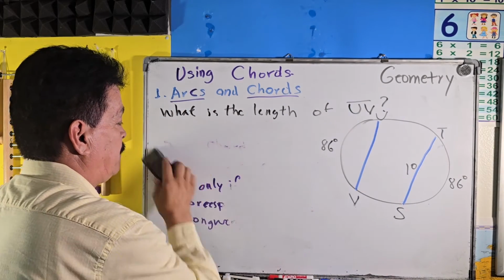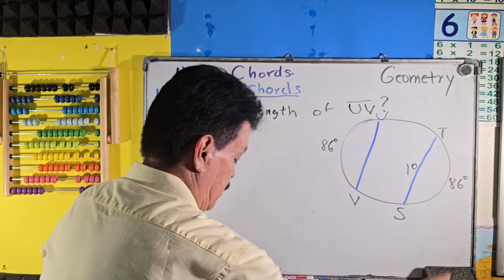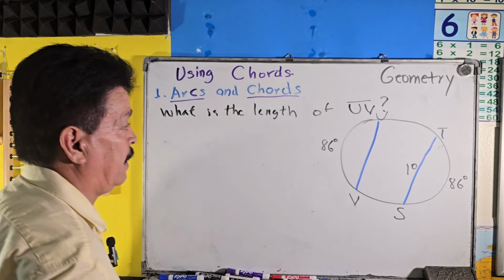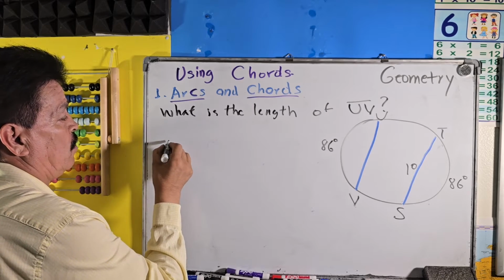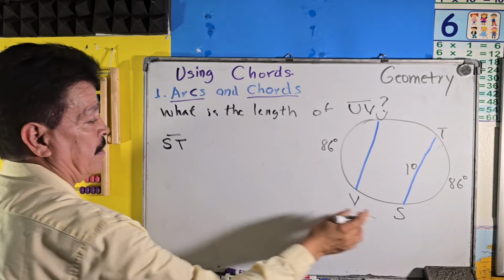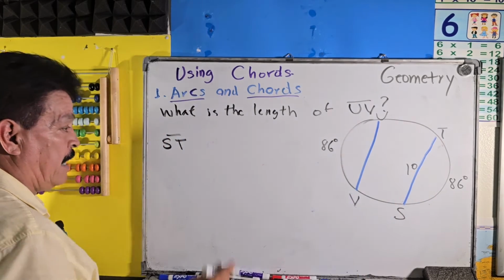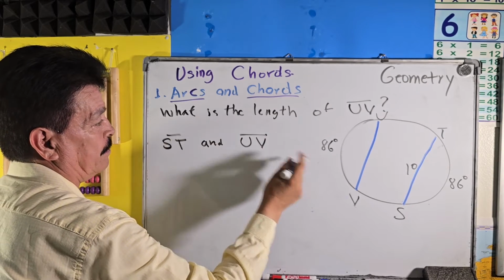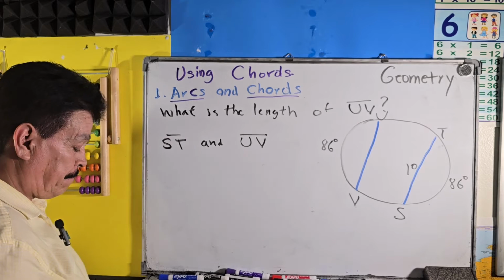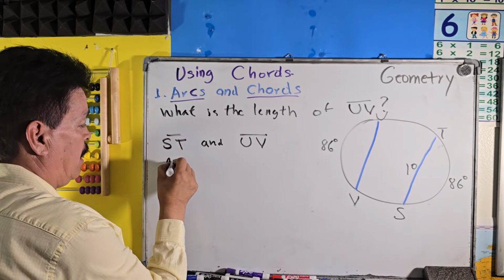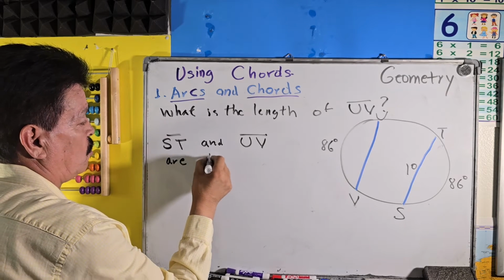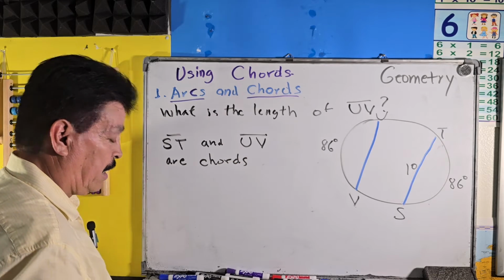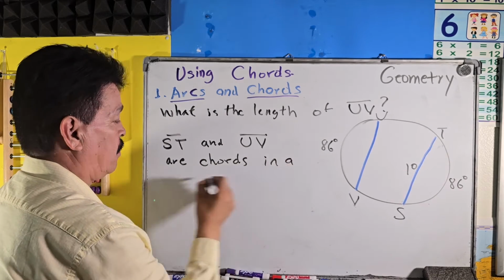So in this problem, let's write ST and UV are chords in a circle.